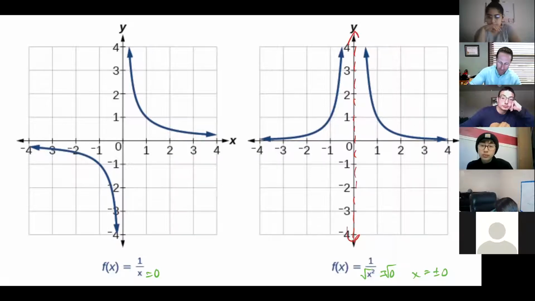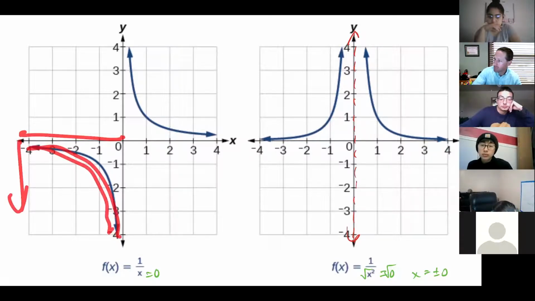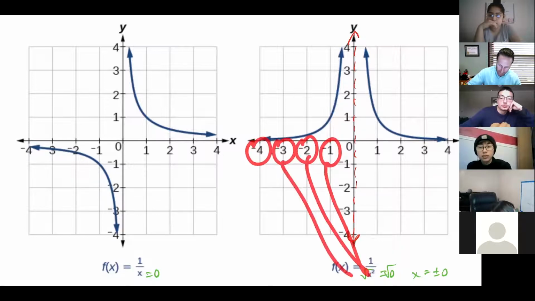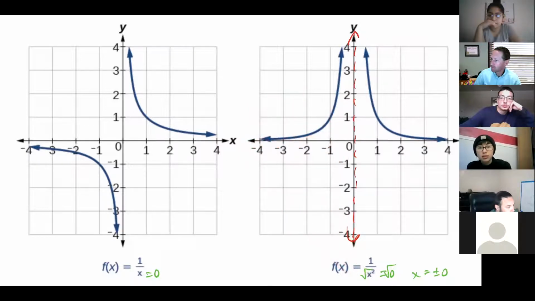But notice what it did do was take all the negative x values, which churned out negative y values. Because it's squared down there, notice it took all those y values and made them what? When we square those x values, they will all become y values that are positive because we're squaring them.